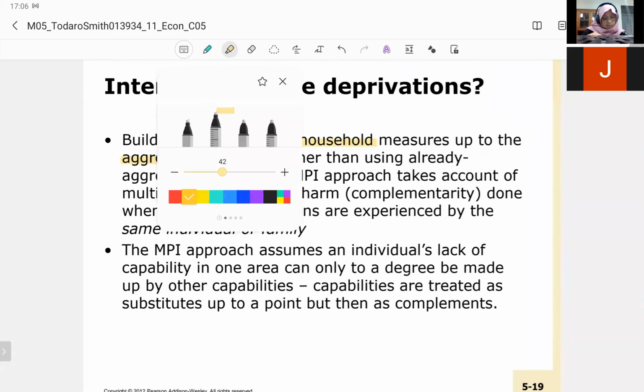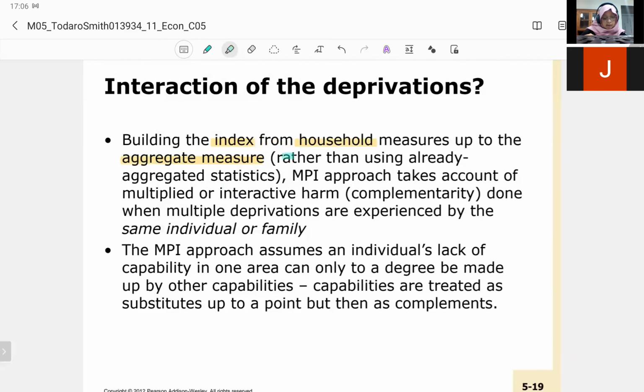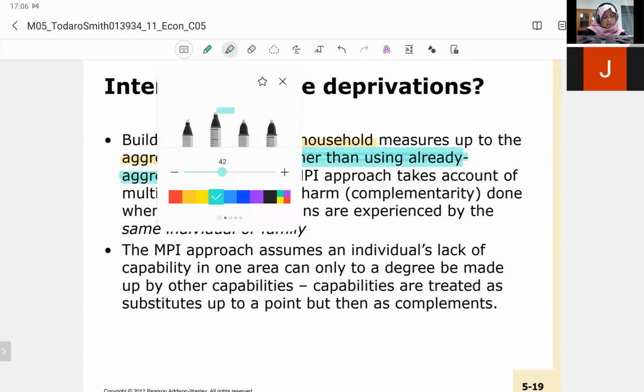This is different from our common poverty index because it uses already aggregated statistic. So MPI builds their index from the micro perspective to the macro perspective, and they account for multi-dimensional, not only income.